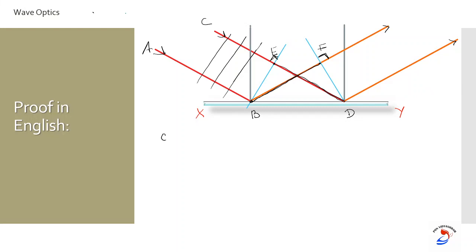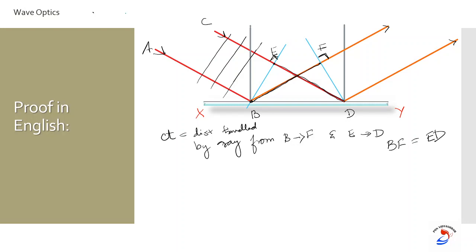So ct will give me the distance traveled by the light from B to F and also E to D. Do you agree that the distance BF is equal to the distance ED, isn't it?